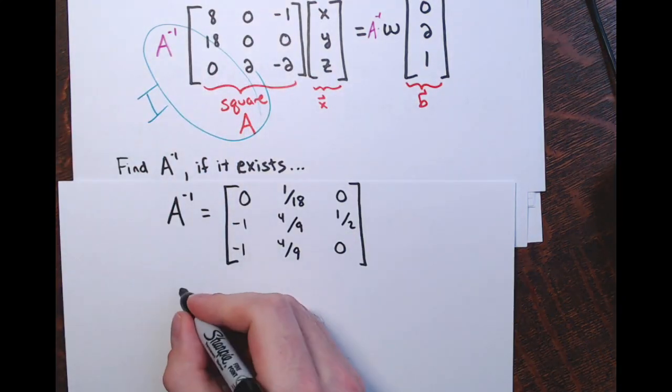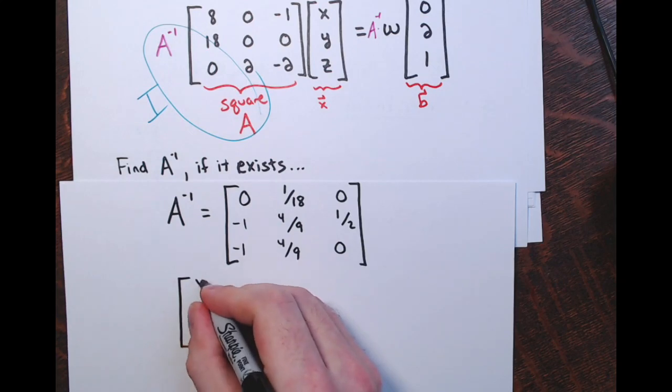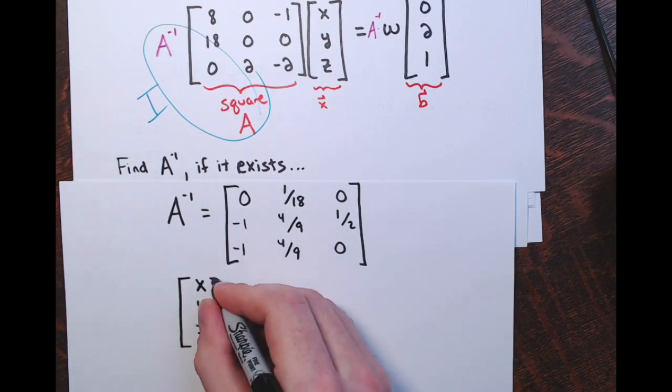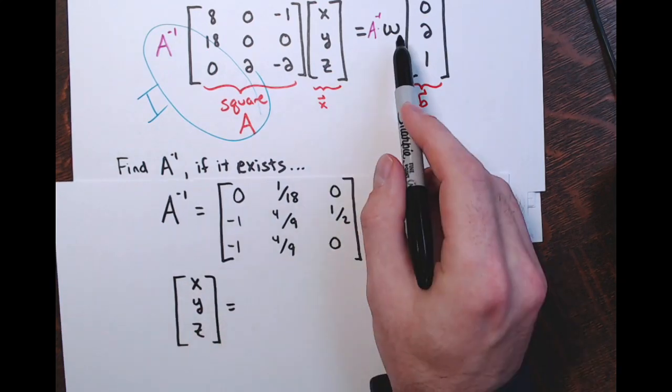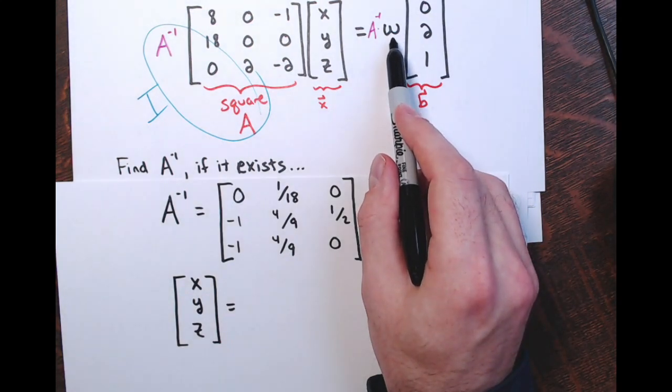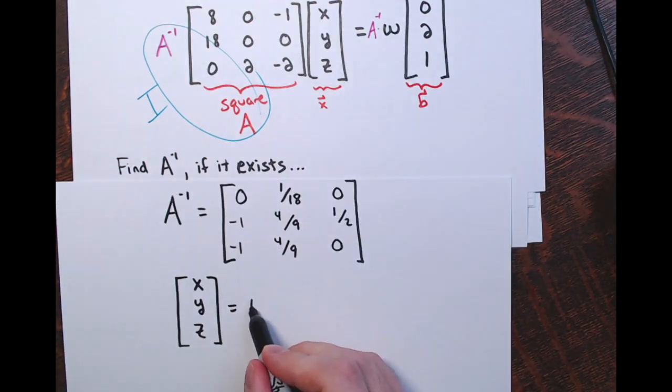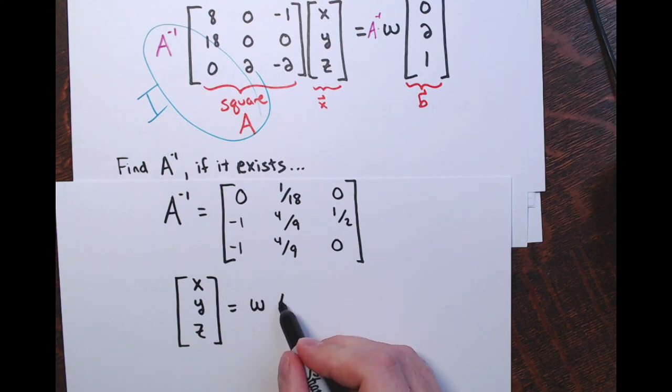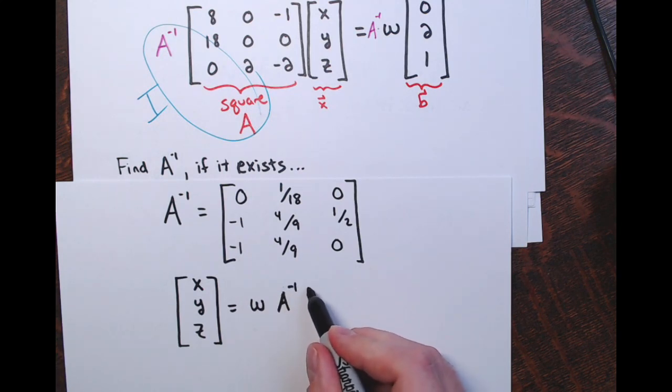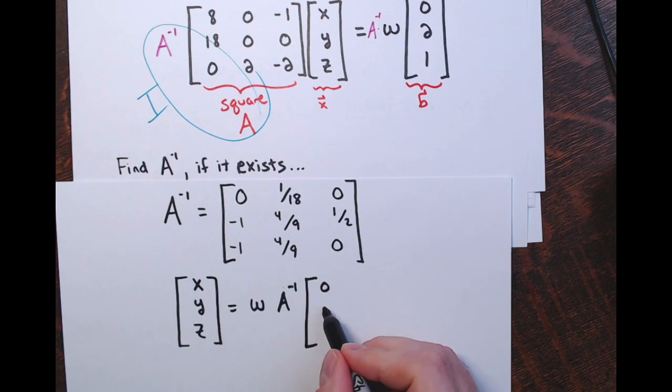And on the left side, I'll have X, Y, Z on its own equals, and like I said, W represents a number, so I can pull the W out front, times A inverse times the 0, 2, 1.